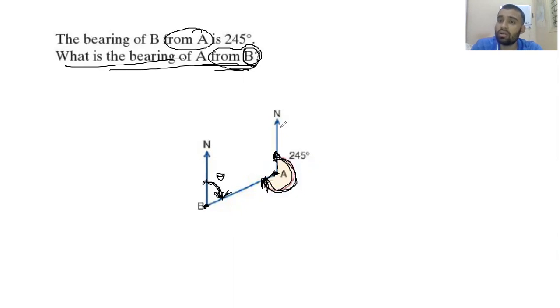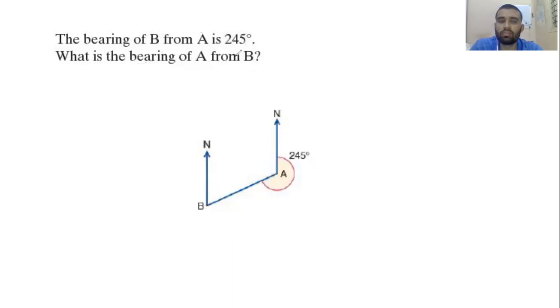The bearing of B from A is 245, that is this, whereas the bearing of A from B would be this angle which we need to find. Let's suppose it is theta. We will see how that needs to be found out.